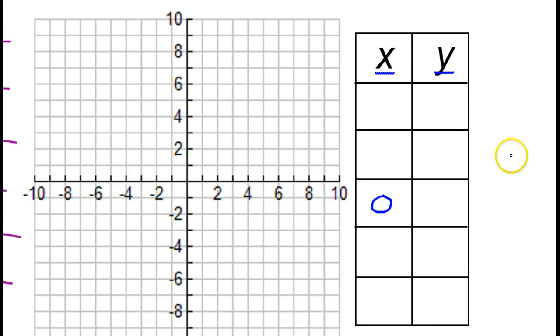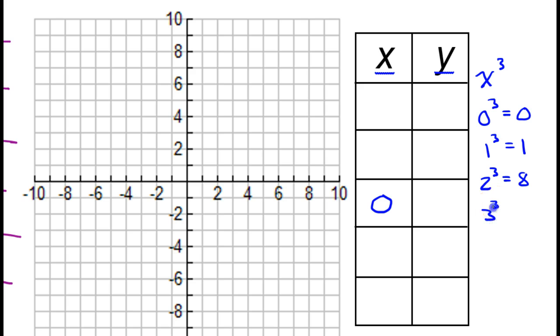Now, if you're not really familiar with cube root functions, just understand this. Think about the function x to the third power. If I have 0 to the third power, that's going to be 0. If I have 1 to the third power, that's 1. If I have 2 to the third power, that's 8, because 2 times 2 times 2 is 8.